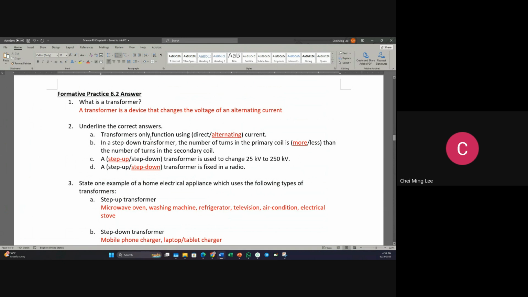So in a step-down transformer, why only alternating current? Because only alternating current will have positive and negative values, so the direction of the electromagnetic lines will change. If it is direct current, it will only produce a single direction of magnetic lines. So the induced current will not be able to be produced because it becomes constant.